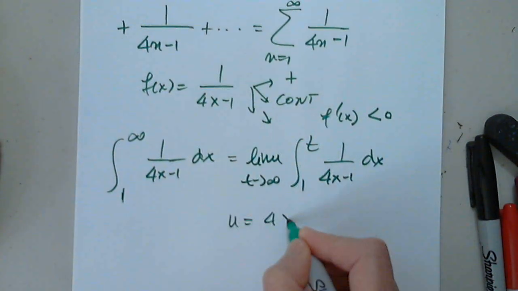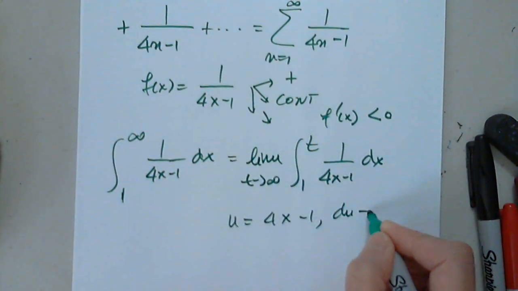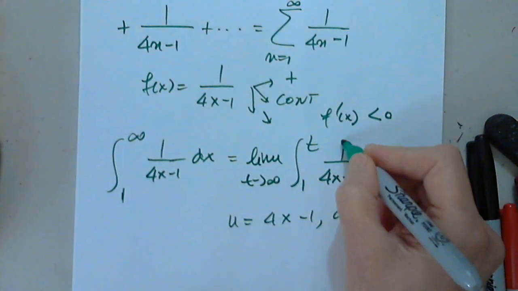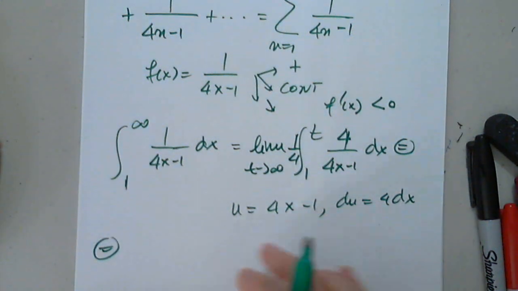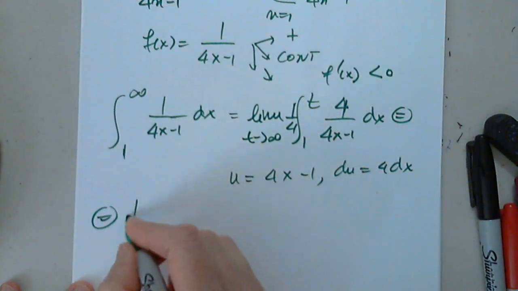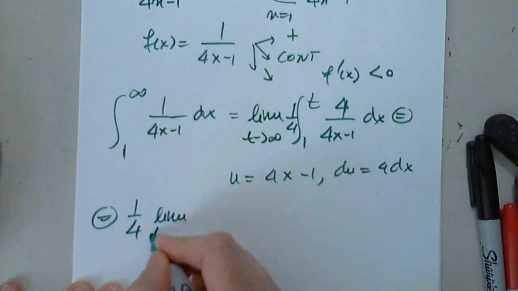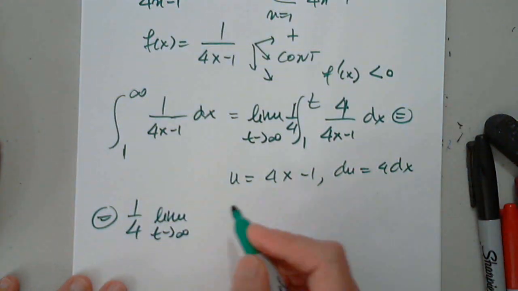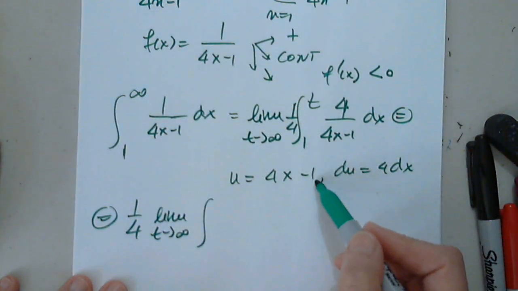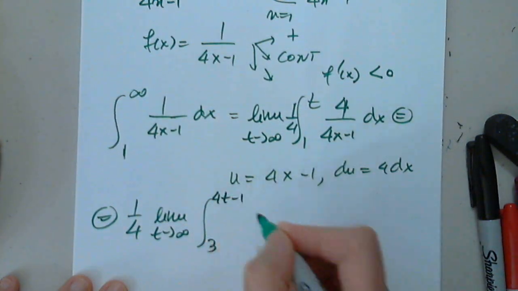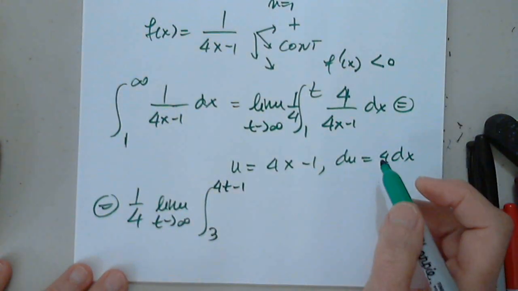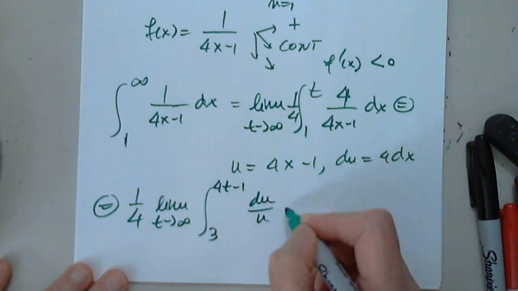And we use a substitution, du equals 4 dx. I'm going to change this into 4 and 1/4 in front. So 1/4 limit as t approaches infinity, the integral from 4 minus 1 is 3 to 4t minus 1 of du over u.